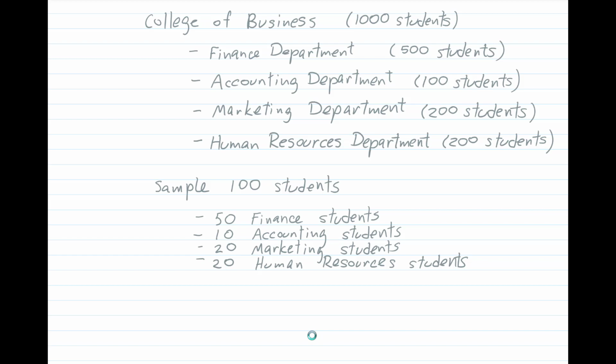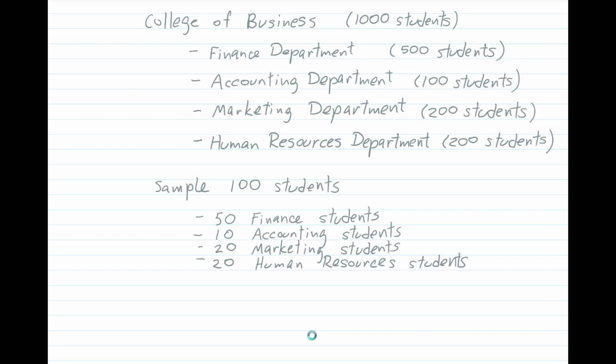The finance department is what portion of the college? It's half of the college. And if my sample is going to have 100 students, half of 100 is 50, so I randomly choose 50 finance students. The proportion of the college that is accounting is 1/10.